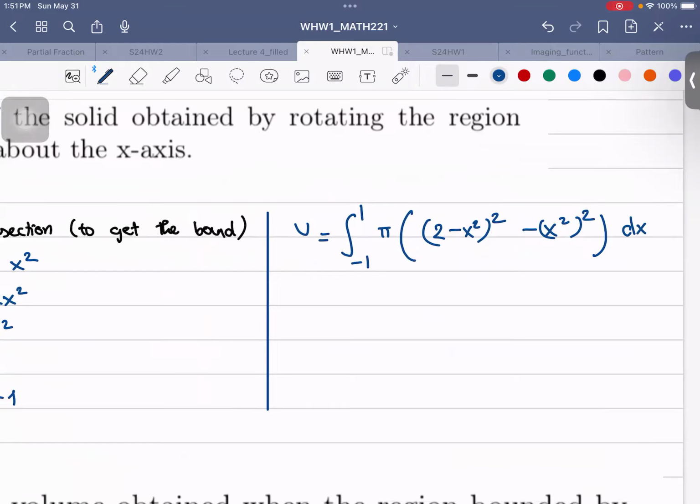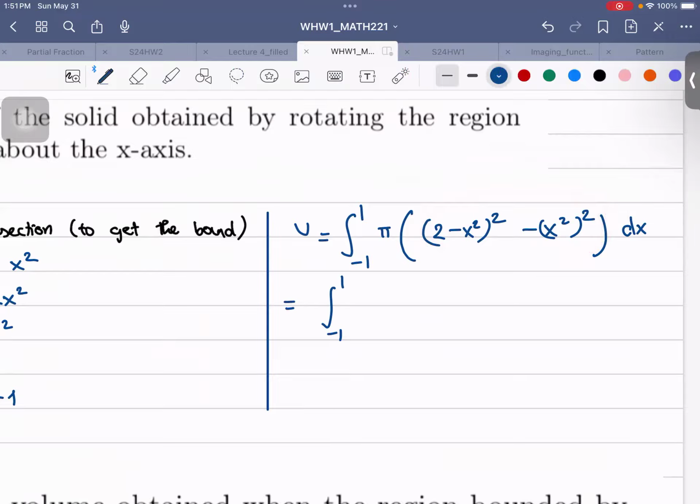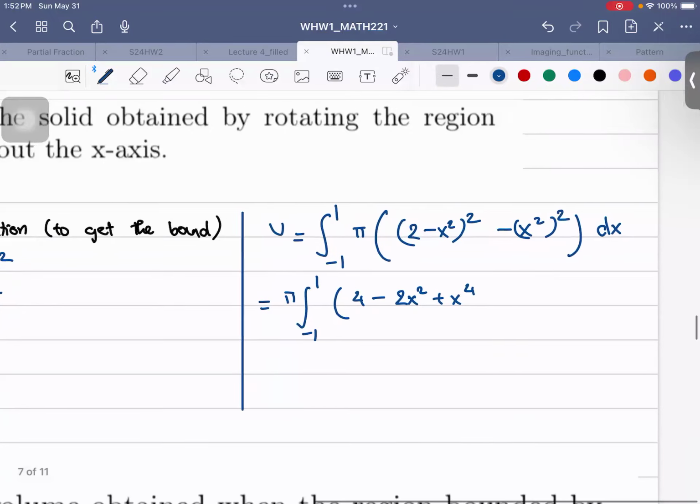Now you just need to simplify the function inside your integral, and then you can use the power rule. Firstly, we can bring pi to the front. 2 minus x squared squared gives me 4 minus 2x squared plus x to the power of 4.